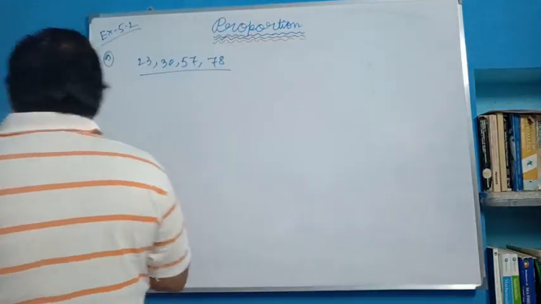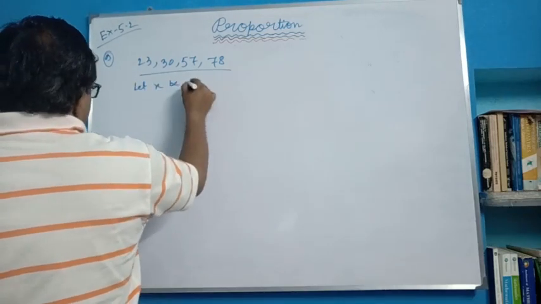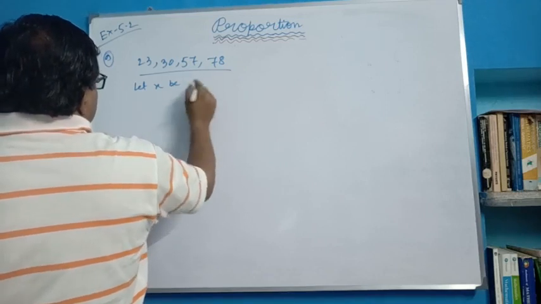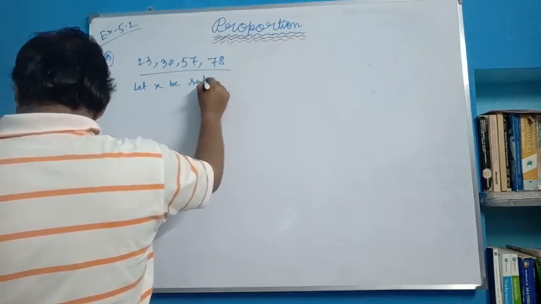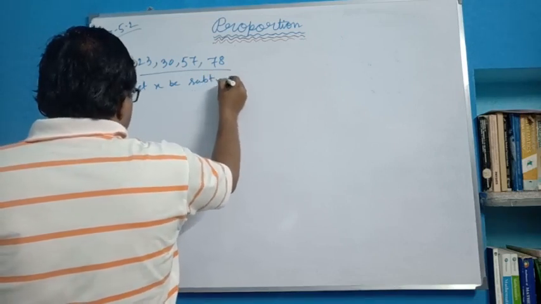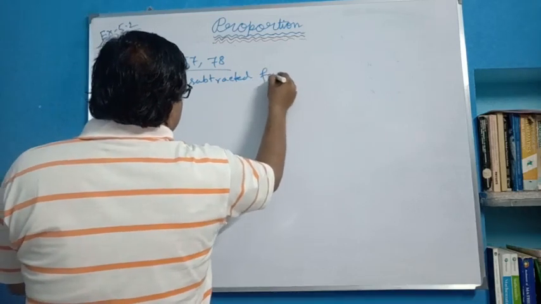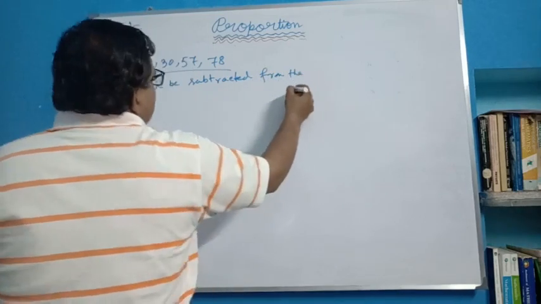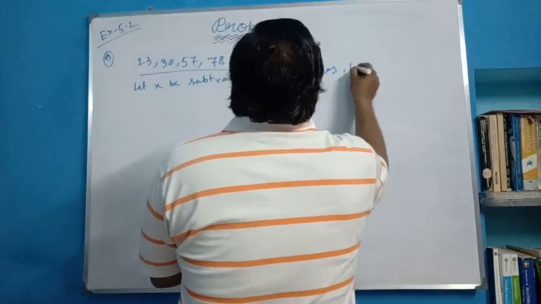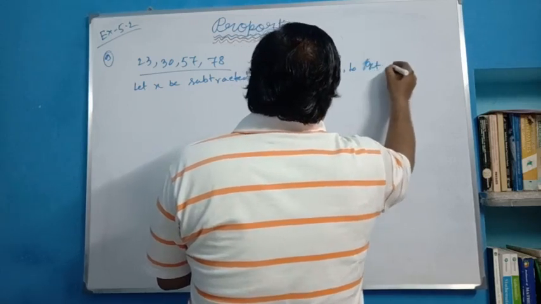So first we take, let x be subtracted from these numbers to get them proportional.